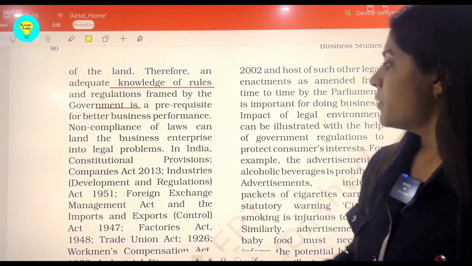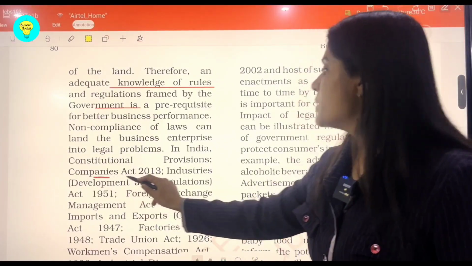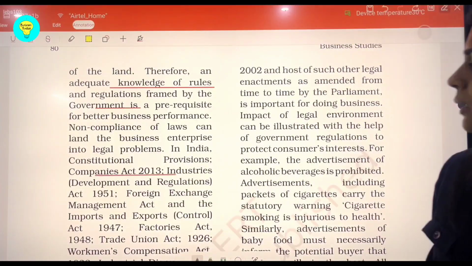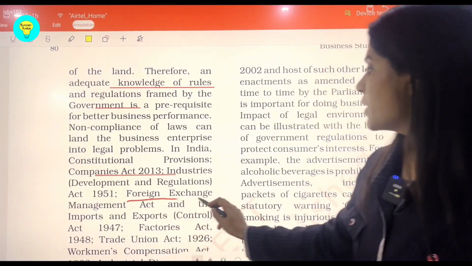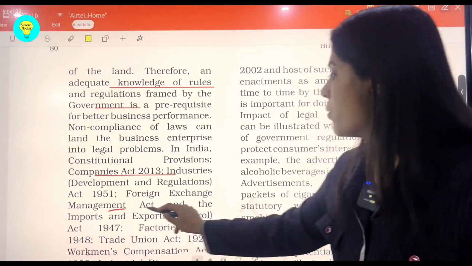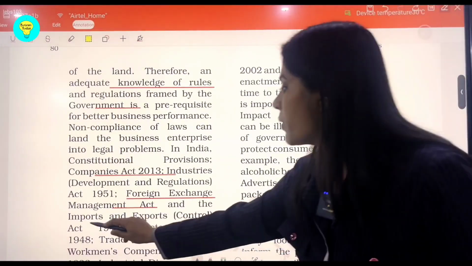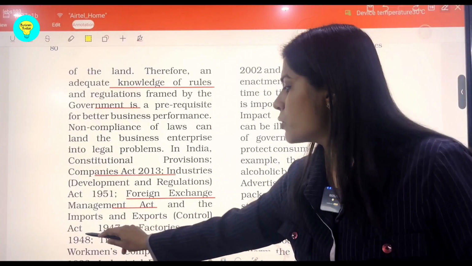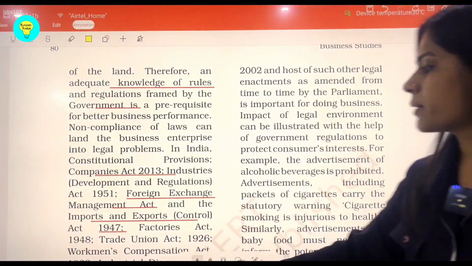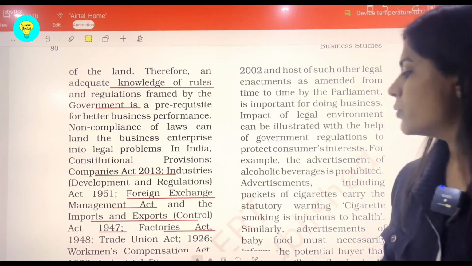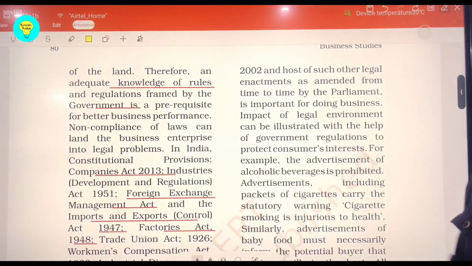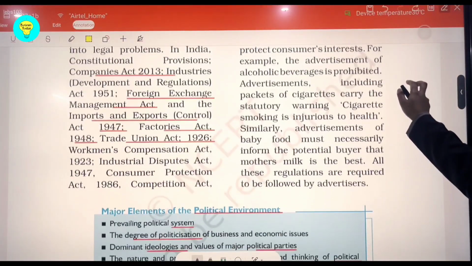Then we have some acts like Companies Act 2013, then the Foreign Exchange Management Act, Import and Export Control Act 1947, Factories Act 1948, Trade Unions Act 1926, Compensation Act, Industrial Dispute Act.